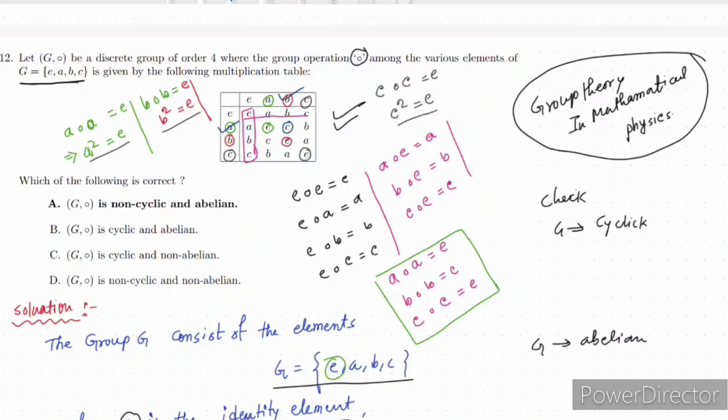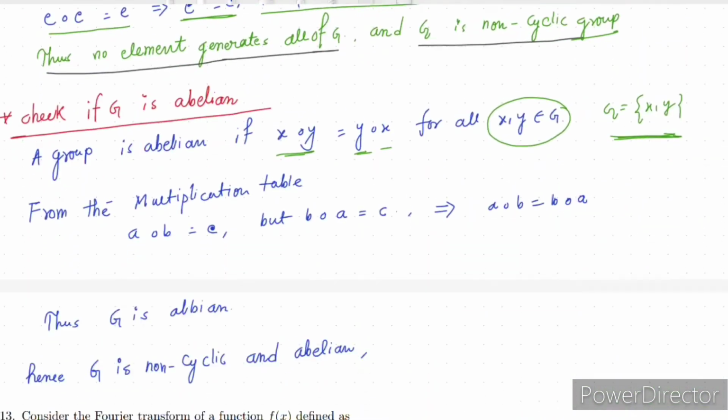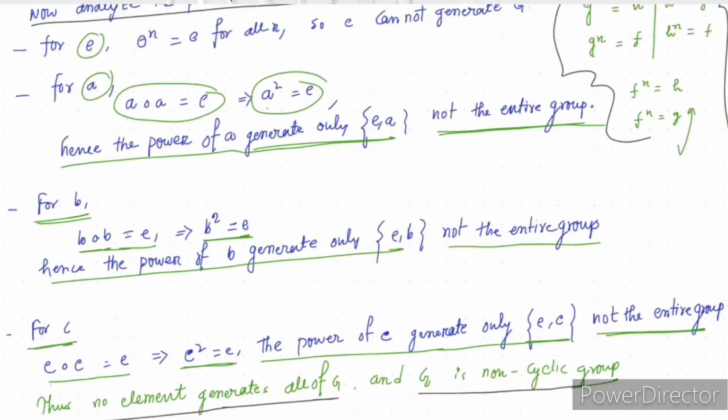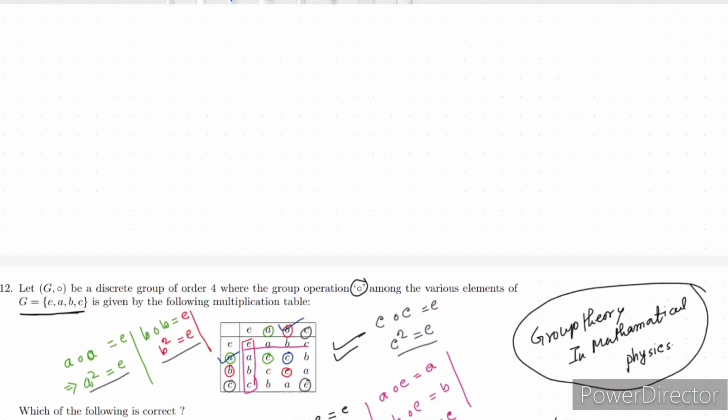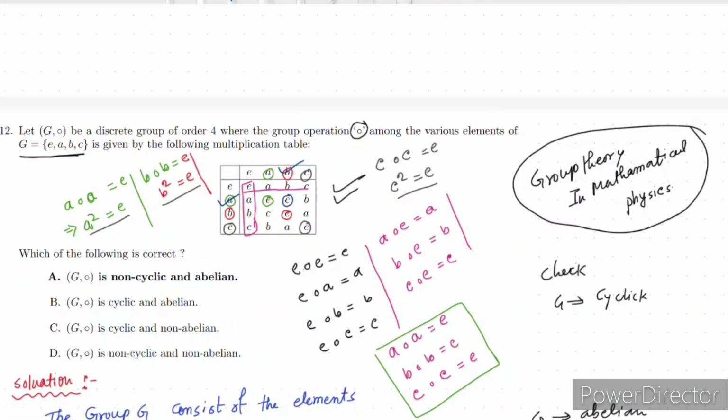Similarly from this multiplication table, b and a, we get the c value, right?